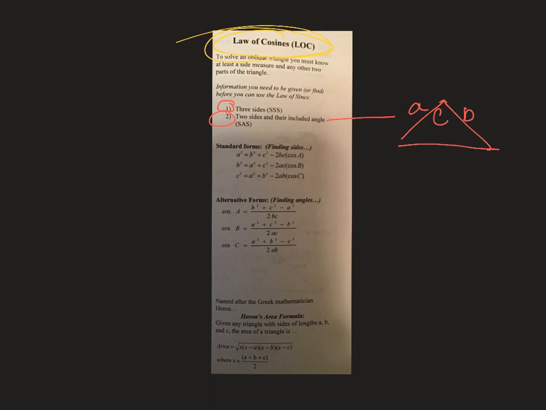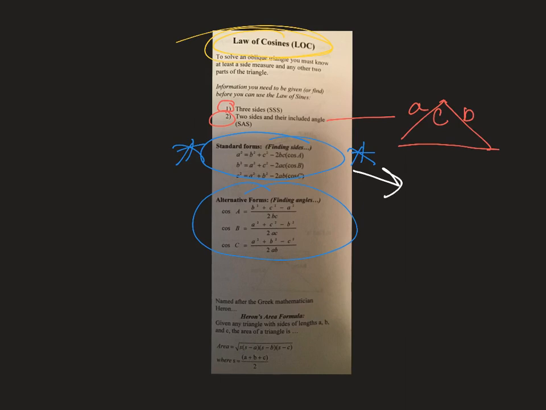I need you to know that this formula and this set of formulas are exactly the same. All three of them, where I'm starting right now, are all equivalent. It's just that the formula has been rewritten to solve for whatever angle and side that you have. I'm just going to teach you a little trick on how I remember this.